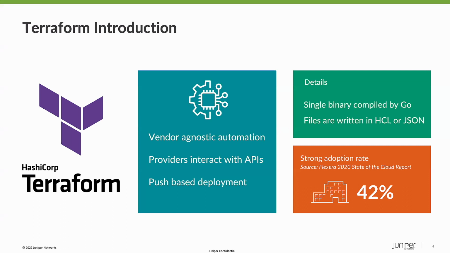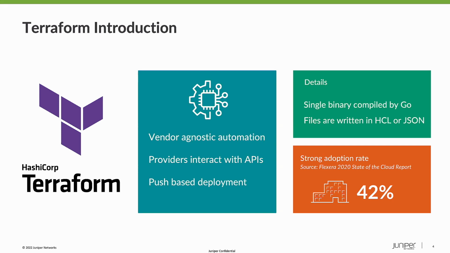Push-based models like with Terraform and Ansible are definitely the way forward, especially for us networking engineers who, well, let's be honest with this, we don't really feel comfortable running agents on our firewalls and on our platforms. So push models are a little bit more in line with what our expectations are for performing configuration changes.